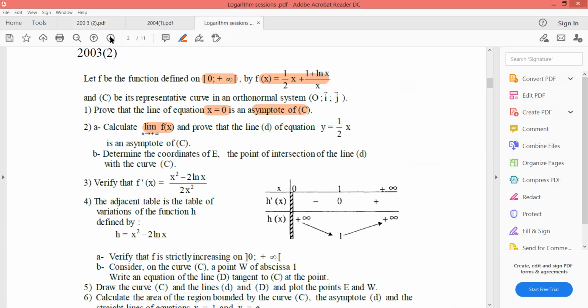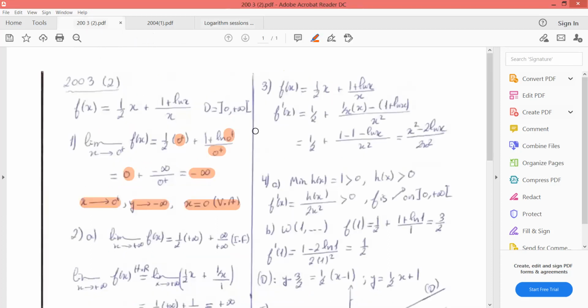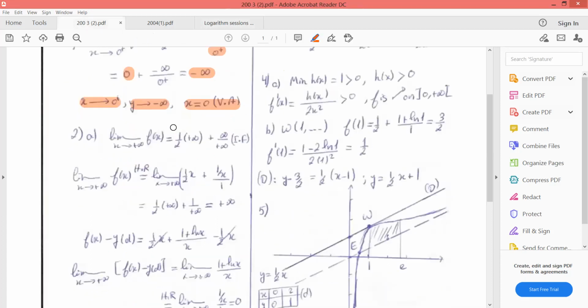We get infinity over infinity. What do we do if infinity over infinity? L'Hospital's rule. So limit as x tends to plus infinity of f(x), we replace x by plus infinity.